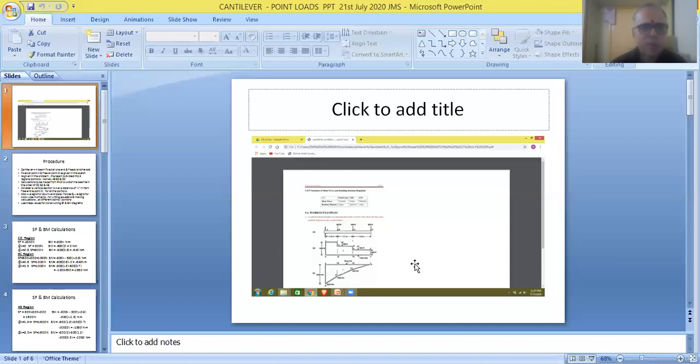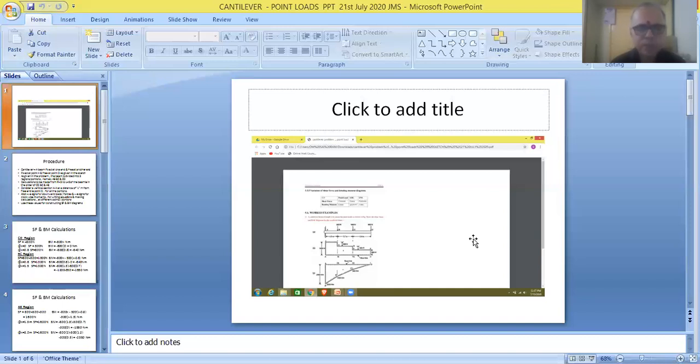And at the same time, it is also useful ultimately for the construction of shear force and bending moment diagrams. So friends, marking of important points on the beam is very essential.